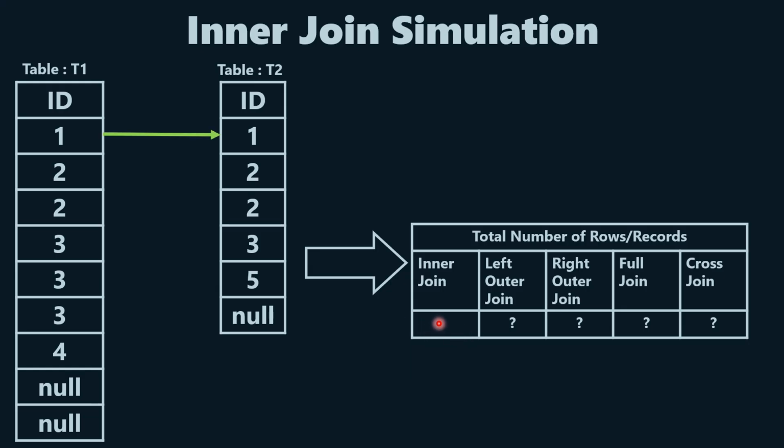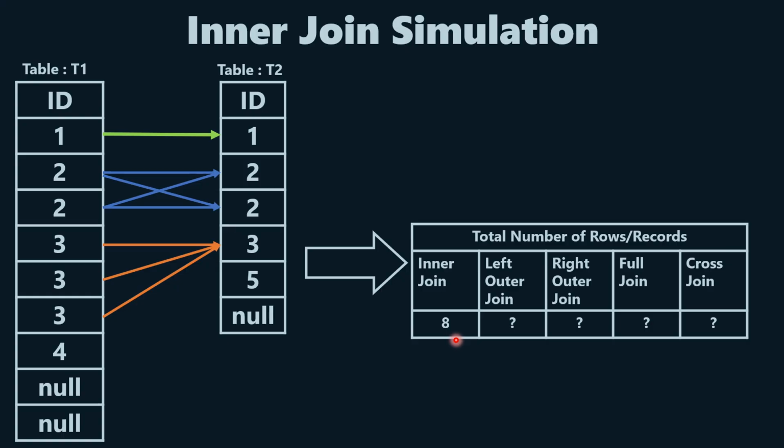When you do the inner join between table 1 and table 2, first 1 matches 1, and then 2 matches 2, and there are another 2 in T1 and T2, so each 2 matches each 2. Next, 3 matches 3, three times. So in total we have 1, these 4 and these 3, total 8 records by using the inner join. So we got 8 records by doing the inner join.